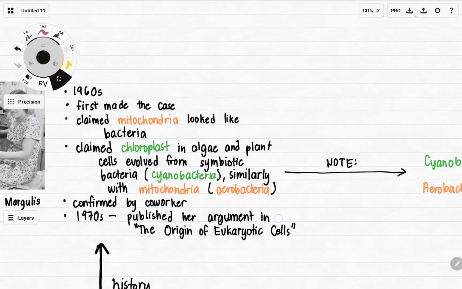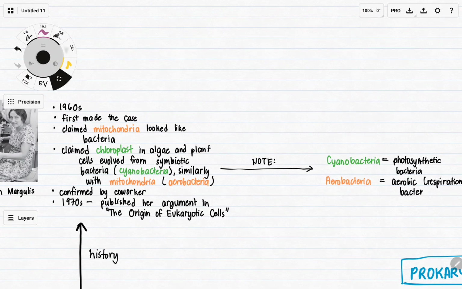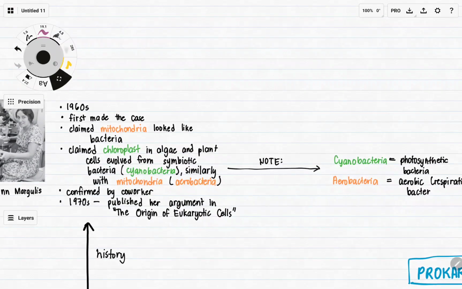Let us take note that cyanobacteria are photosynthetic bacteria, while aerobic bacteria are bacteria that are capable of respiration.